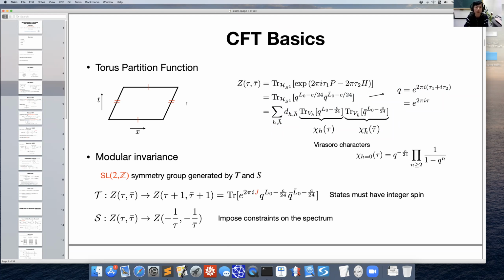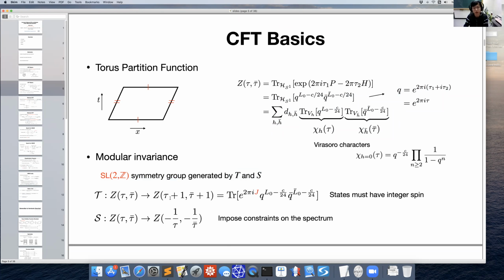And what's good about the torus partition function is that the torus has a very rich amount of symmetries. In particular, we have an SL(2,Z) symmetry group acting on the torus. It's well known that it is generated by T and S transformations. And the T transformation acting on the partition function is just acting on tau.